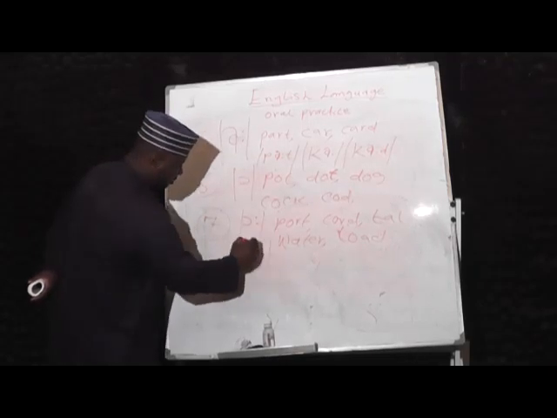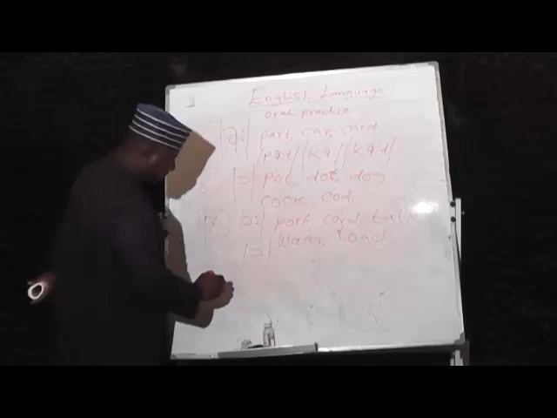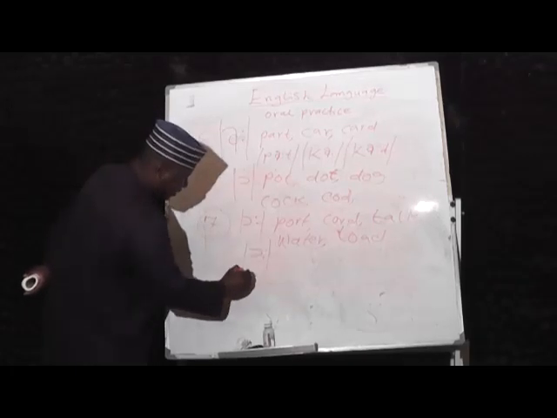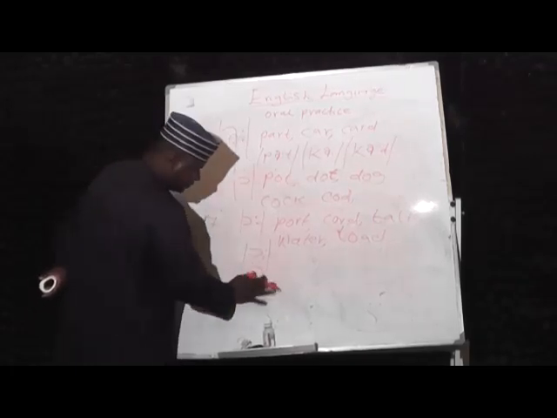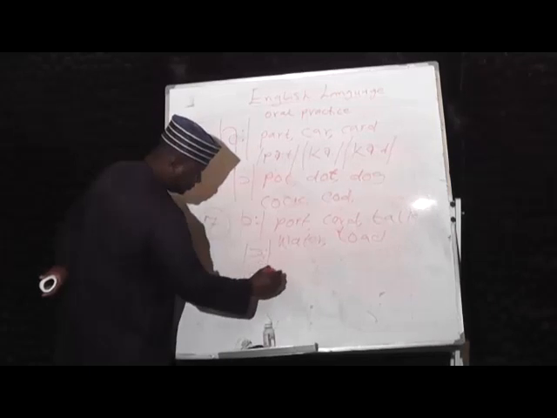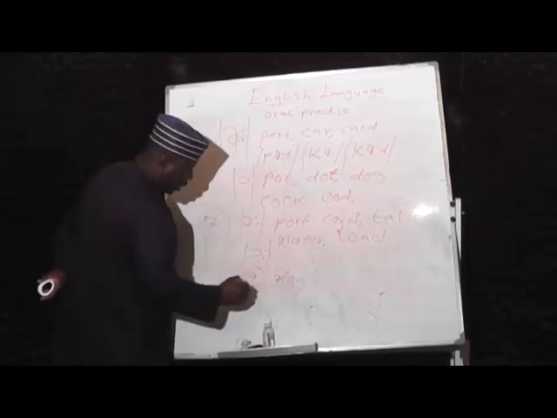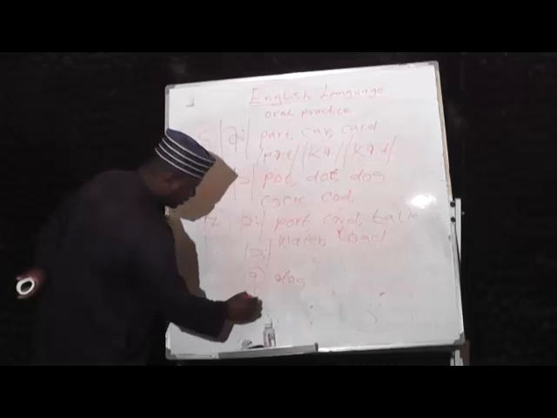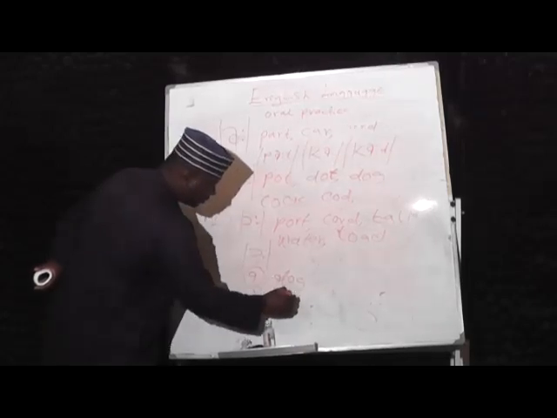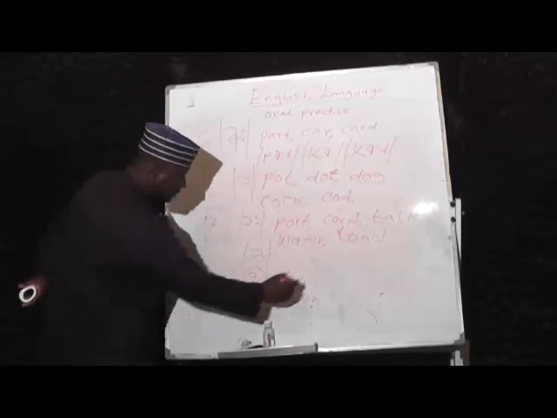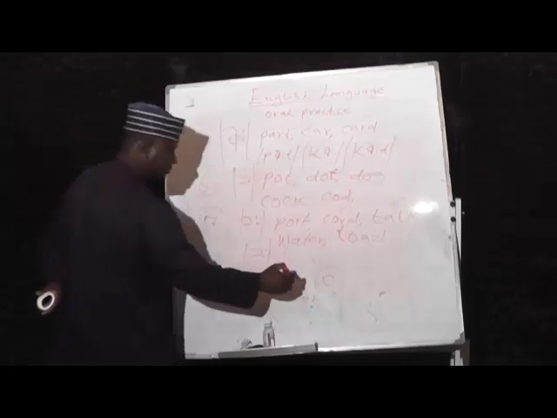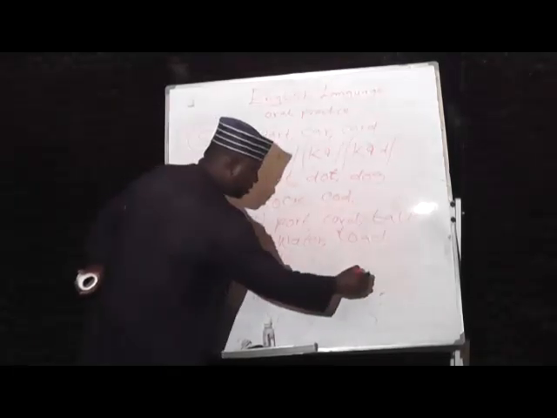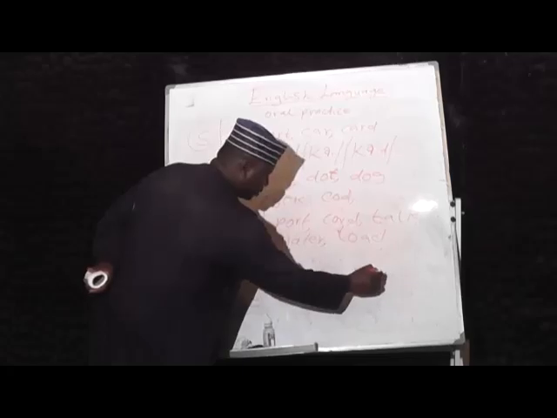Okay. Let me give example with this. A. Dog. B. Water. C. Book.